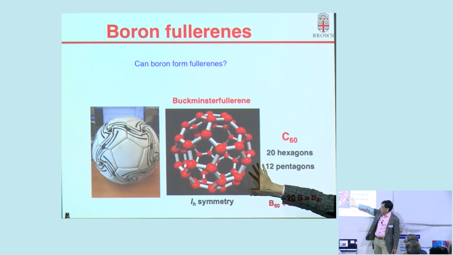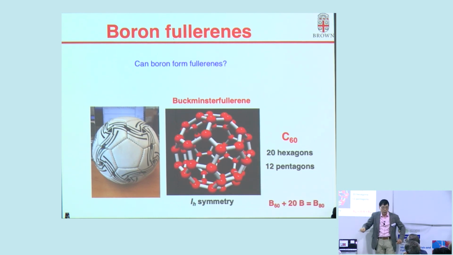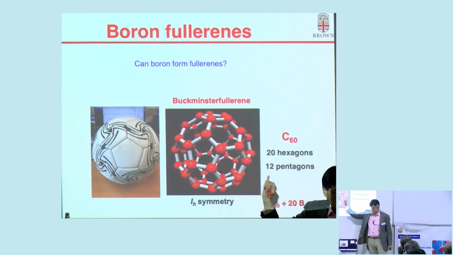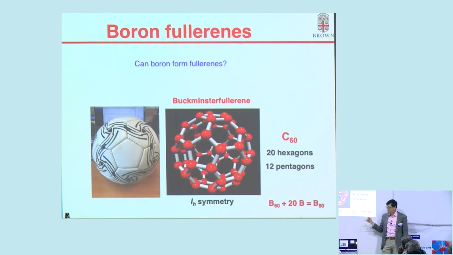But we know B60 can't form this structure, the same way that boron cannot form a hexagonal lattice. Now, if you put one boron atom at each hexagon, you end up with B80, and B80 will have exactly the same number of valence electrons as C60, 240. So the question is, is this possible?